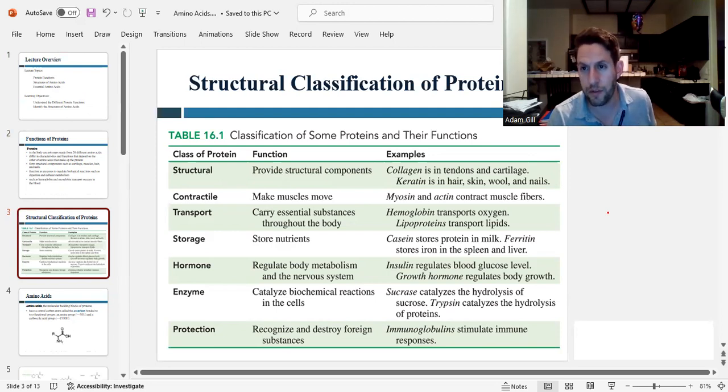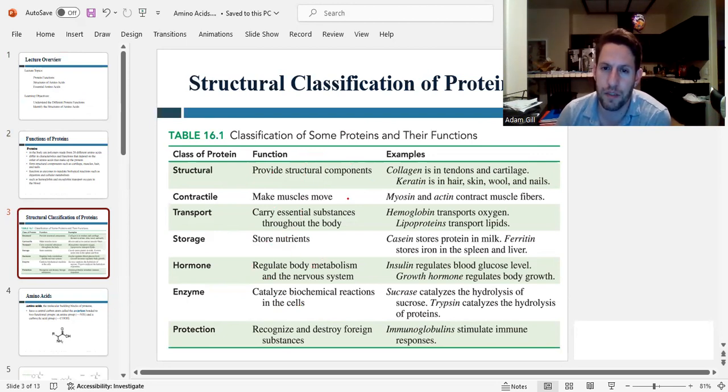You can have hormone proteins like oxytocin or insulin or growth hormone. Those are all small proteins that travel throughout the body as signaling molecules. You can have enzymes, which are proteins that catalyze chemical reactions. And then you can have protection proteins as part of your immune system, like antibodies. So many, many different types of proteins that have different functions throughout the body.